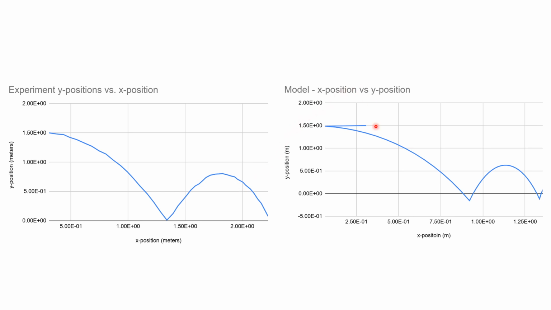For the model, you'll see this happens, but it's much more clean because there are no changes in air, drag, and things like that. Also it goes under because it can't perfectly find when it hits 0, because it would need very small ticks, but we're working at 30 frames per second.